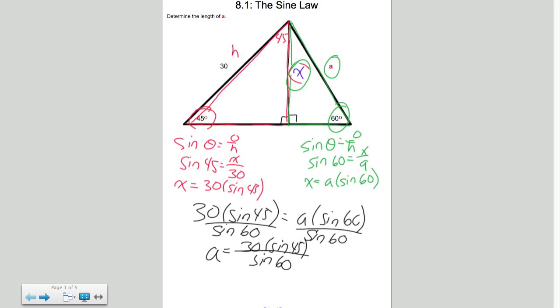Sine of 60. 24.49 roughly. Okay. Is that clear? 24.